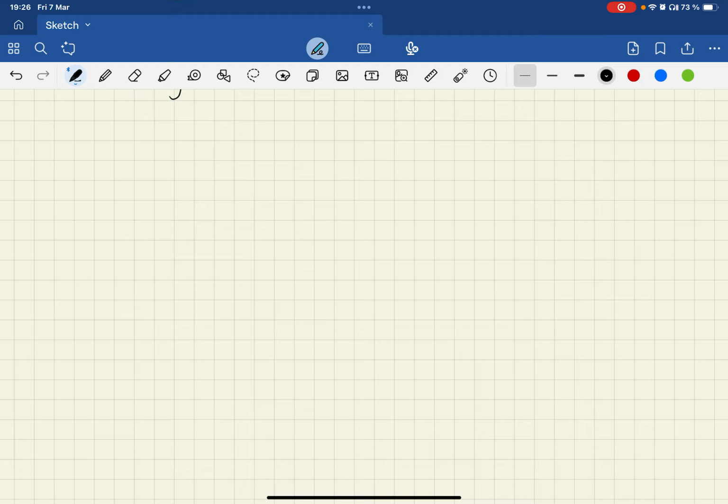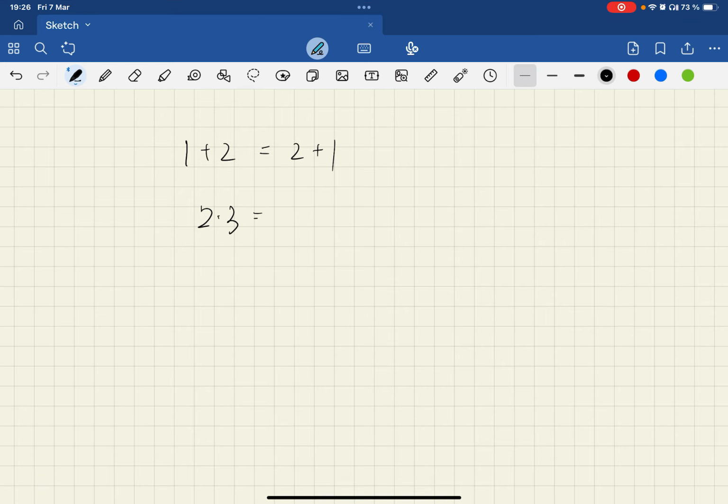Like our simple example before, 1 plus 2 equals 2 plus 1, because the addition and multiplication are both commutative.